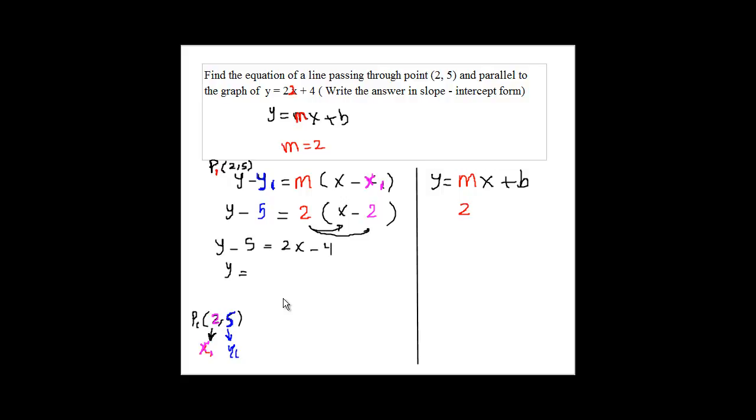So y is equal to, if I add 5 to both sides of the equation, 2x plus 1. Y is equal to 2x plus 1.